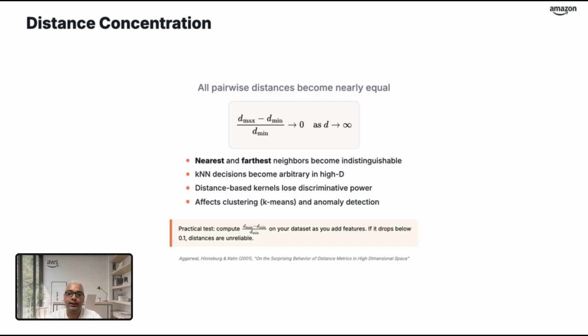The formula on the slide presents it in a more compact way, where the ratio of dmax minus dmin divided by dmin goes to 0 as d goes to infinity. So what this means is that the gap between the closest and the farthest shrinks to nothing as compared to the distances involved.